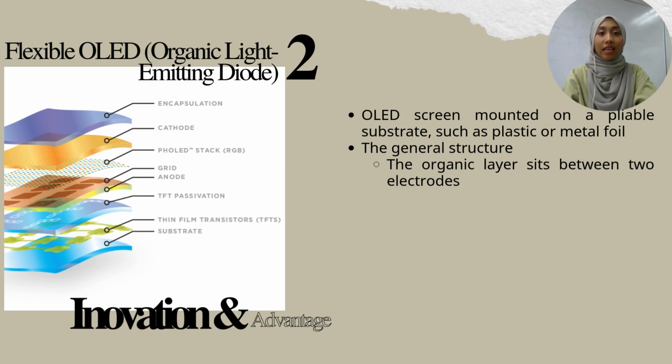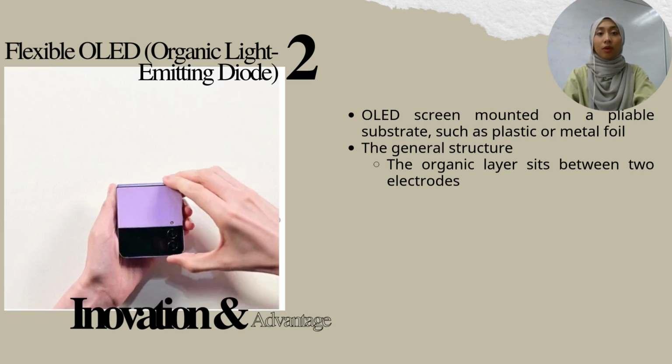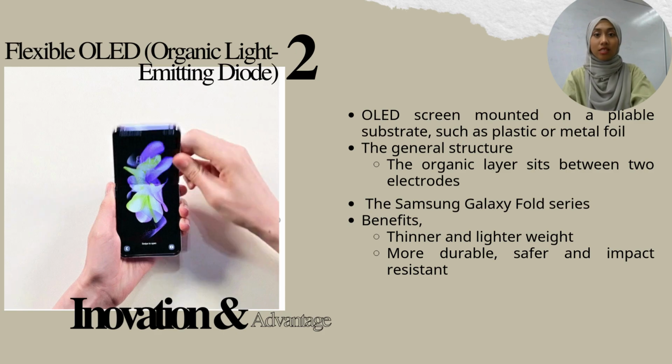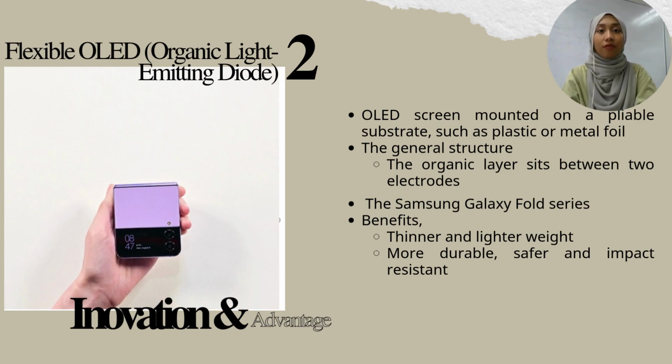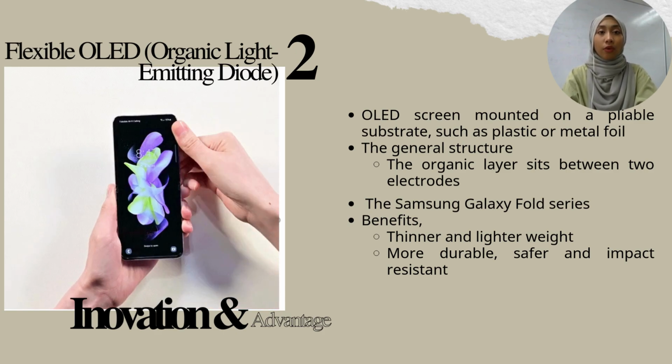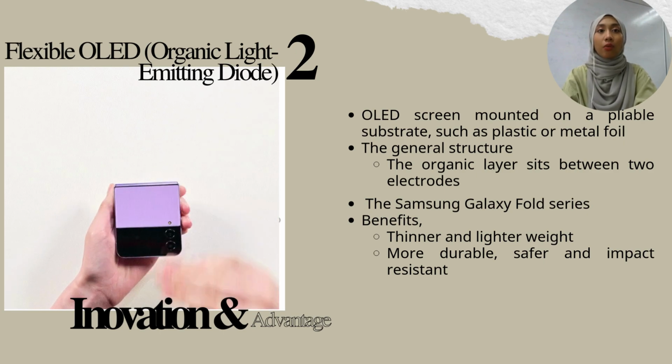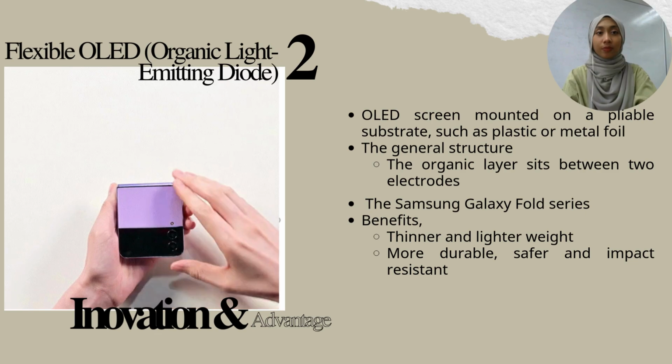The organic layer sits between two electrodes, enclosed by a protective barrier layer that shields against moisture and air. Do you know that one of the phones that use flexible OLED is the Samsung Galaxy Fold series, which has been at the forefront of the foldable phone revolution and transforming how we interact with our devices?